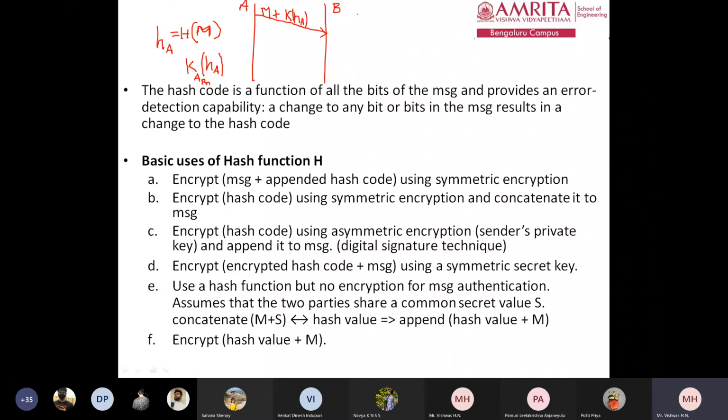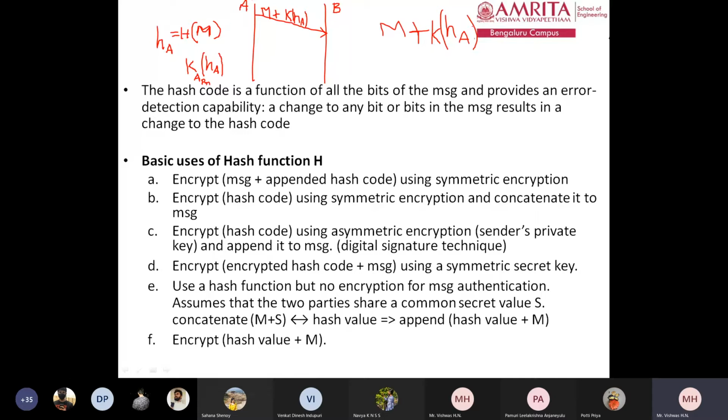So what's happening when A encrypts something with its private key, what will B understand upon receiving this? B has received this message plus H of A encrypted using the private key of A. So when it is encrypted using the private key of A, B is very sure that only A would have sent this message.